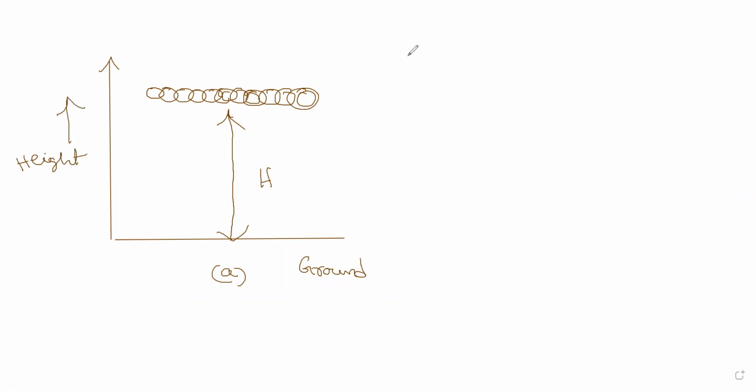And now the case 2. Let me work out the case 2. Now this is the vertical, and then this is the horizontal. And now the case 2 is like this.